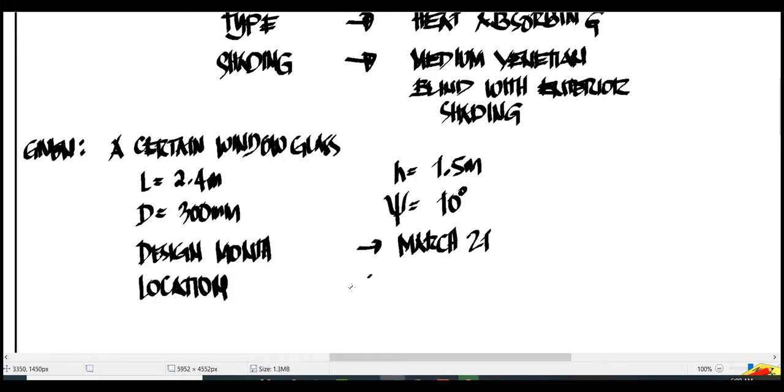For the location, we have 40 degrees north latitude.